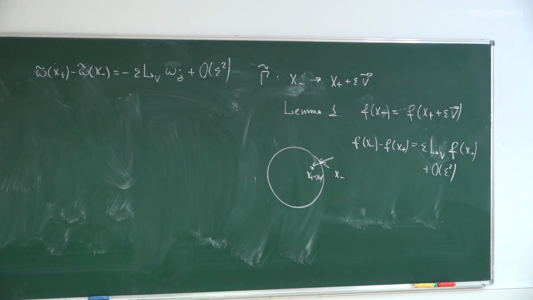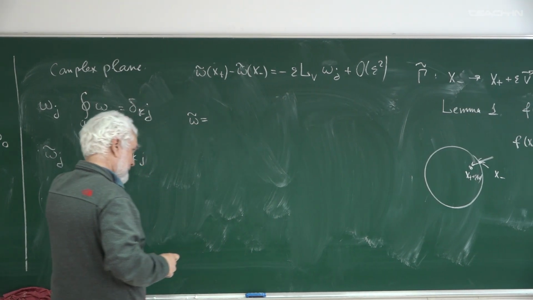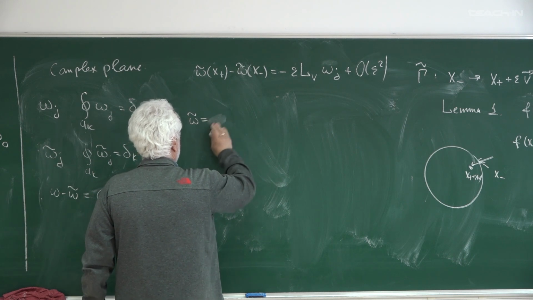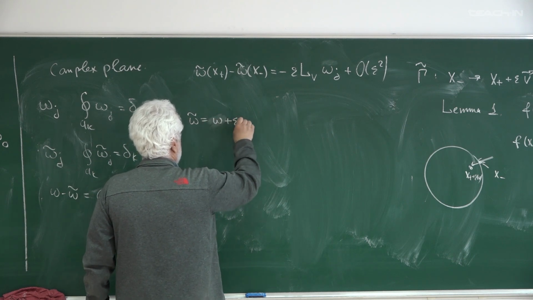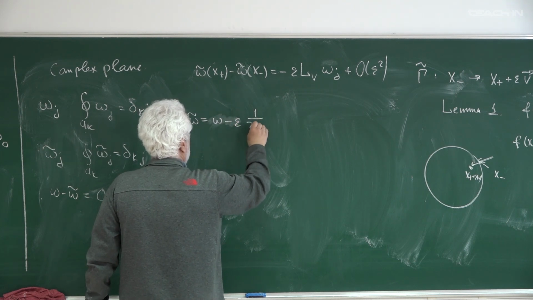Now, we can simply write minus epsilon 2 pi i.